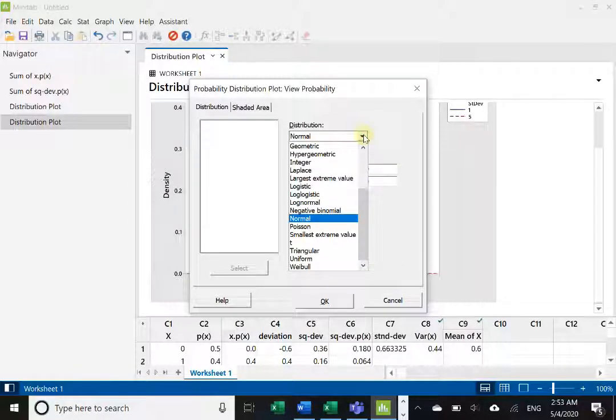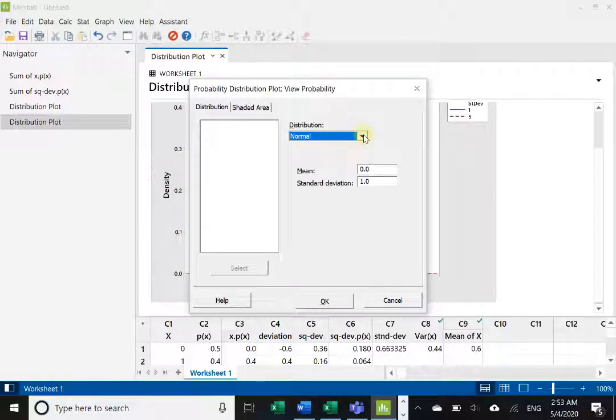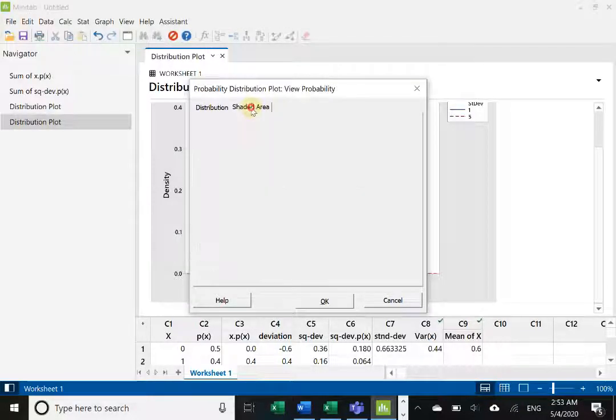Again, you can do this for any distribution. Our focus is on normal. My example was standard normal because I use z-scores. So that means mean is 0, deviation 1. You can type those in. Now, don't hit OK yet. Go to shaded area. This is how you introduce the distribution. Now, here's your shaded area.